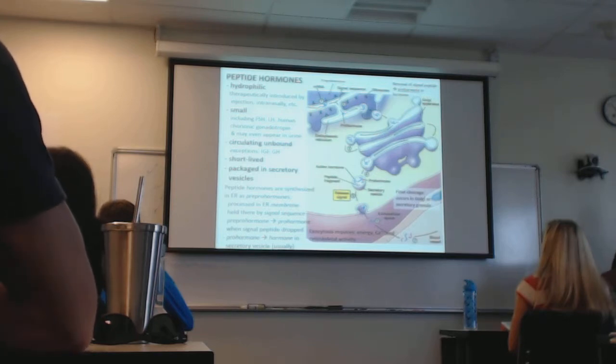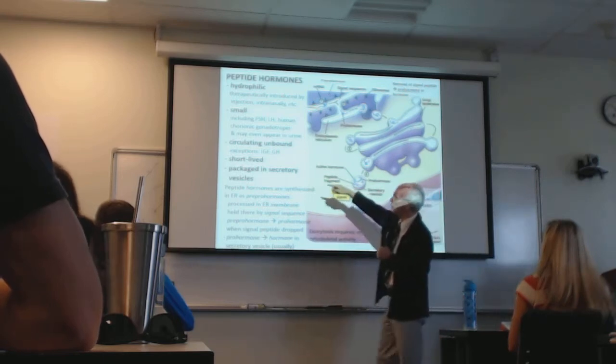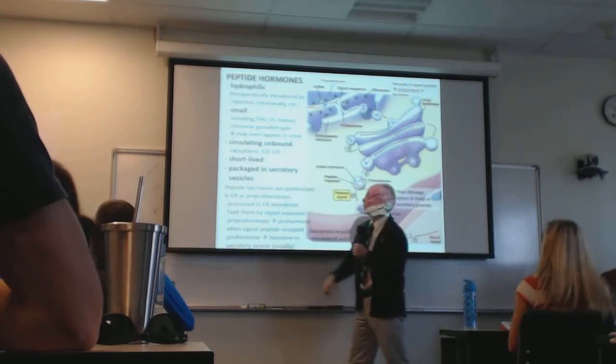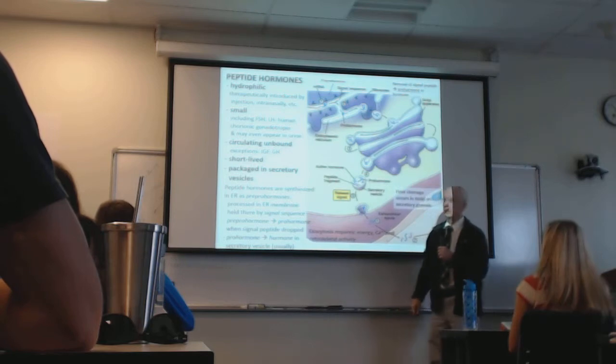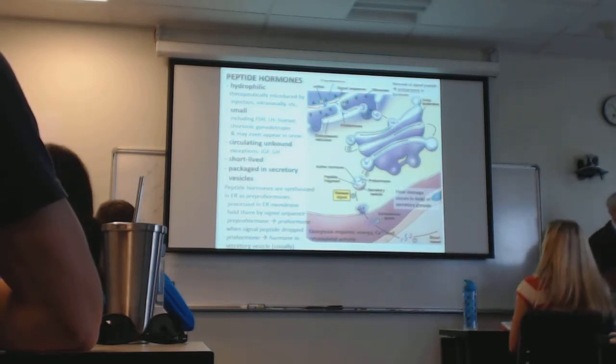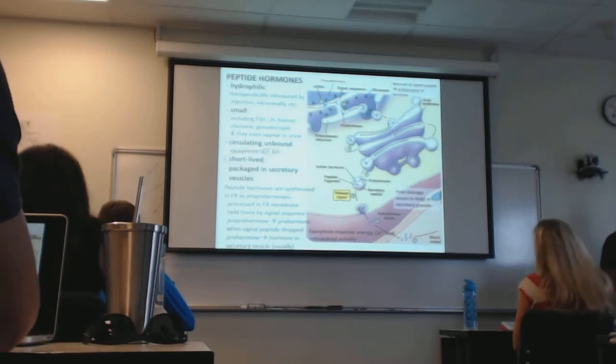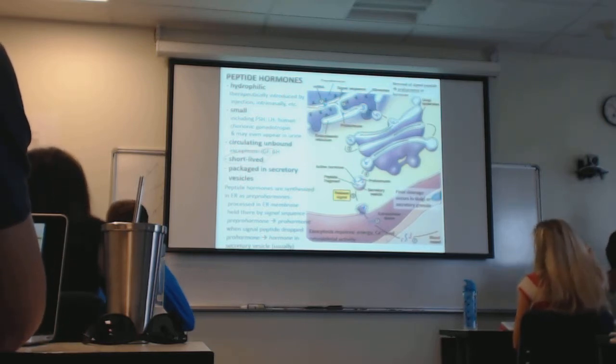For the most part, they circulate unbound. There are some exceptions. We'll talk about growth hormone and its little brother there, the IGF. And remember, what some water-soluble hormones do is use chaperones, use carriers to extend their half-life. And otherwise, they're relatively short-lived. These have to be packaged into secretory vesicles.